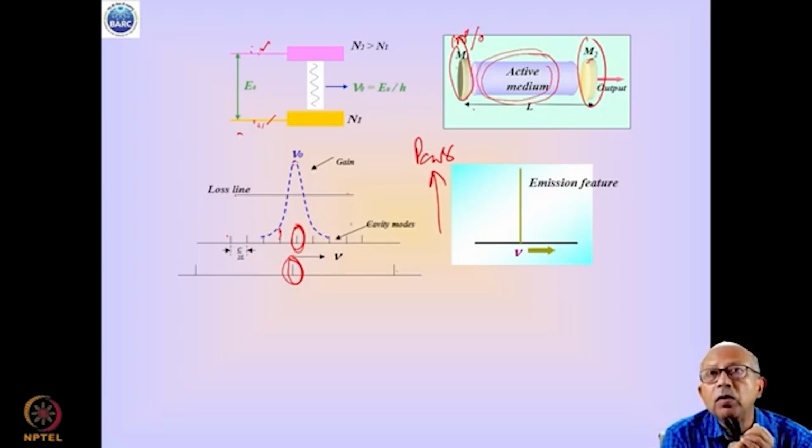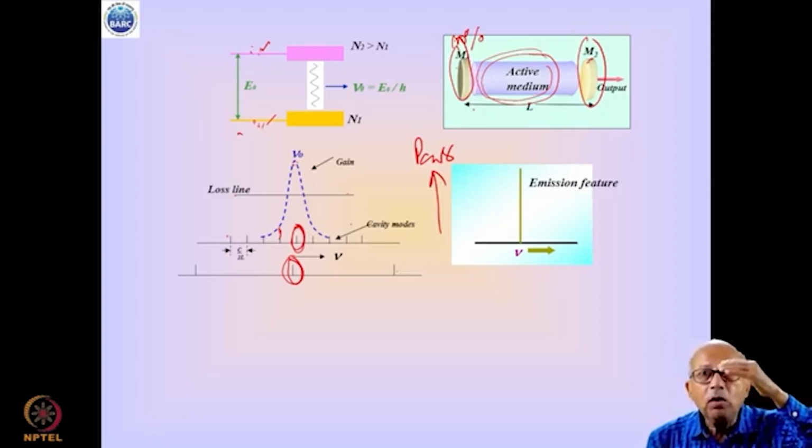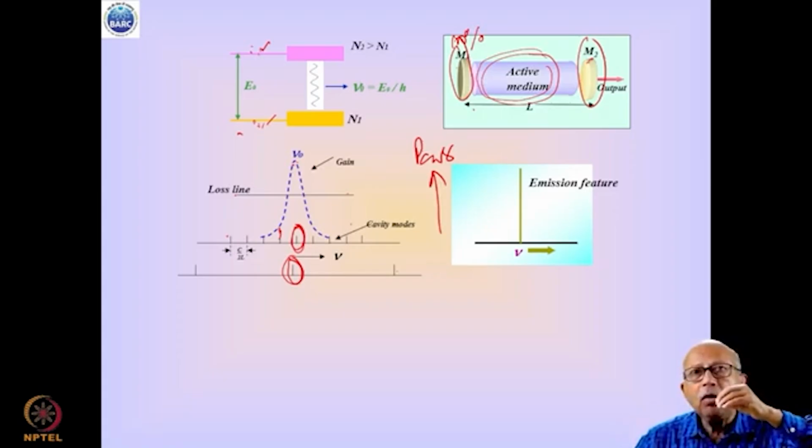So collision frequency is less. Once you have excited an atom or a molecule to a higher energy state, if this excited molecule collides with another molecule which is in the ground state, then this collision will actually relax the molecule from that excited state.